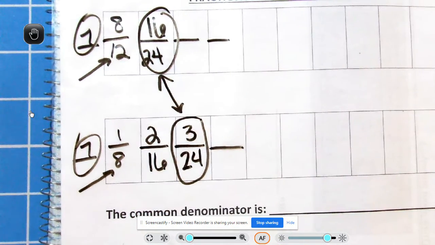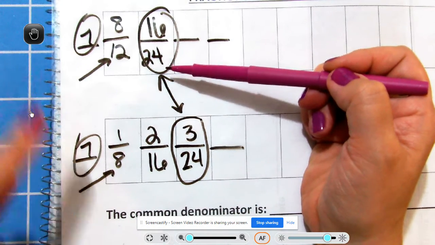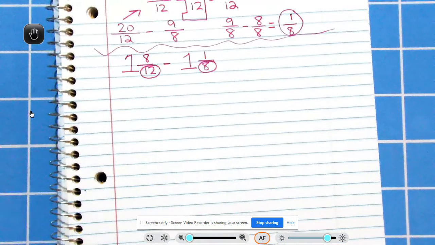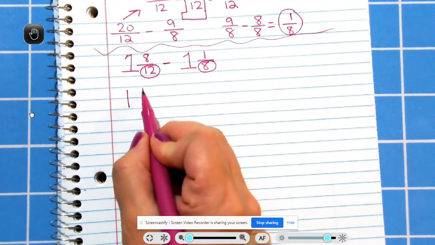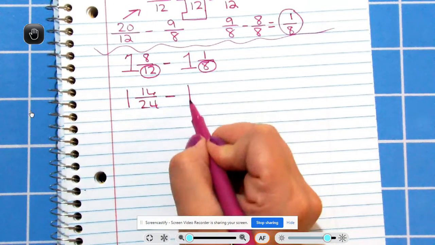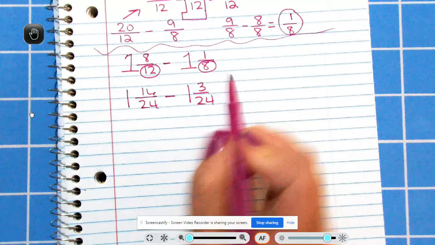We've got to add those back on. So we're going to use 1 and 16/24ths and 1 and 3/24ths. 1 and 16/24ths, subtract 1 and 3/24ths.